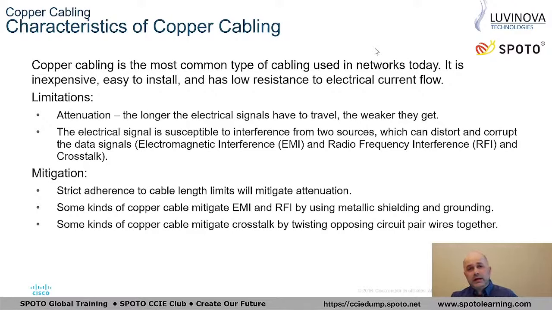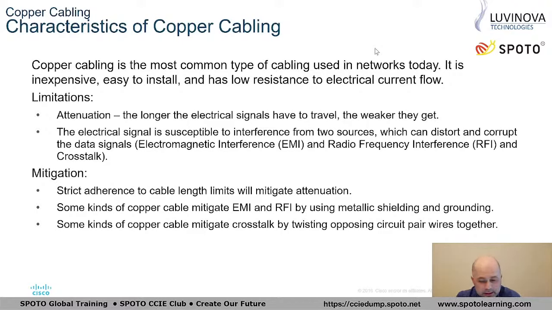Inside the local area network, we use only copper cabling, but over large distances there are certain limitations. Attenuation: the longer the cable, the weaker the electrical signal. That's why over very large distances, in a wide area network, we don't use copper cable. We use fiber optics.